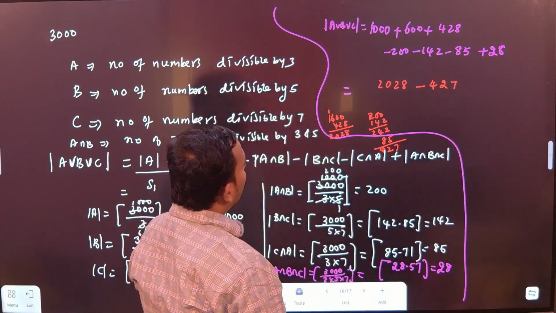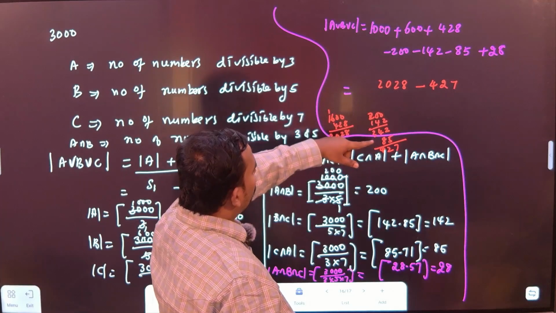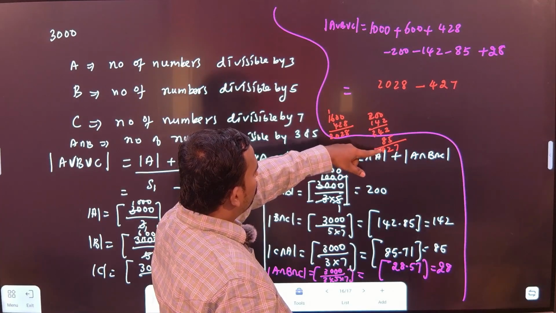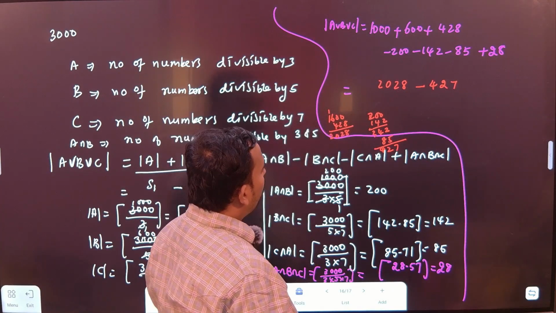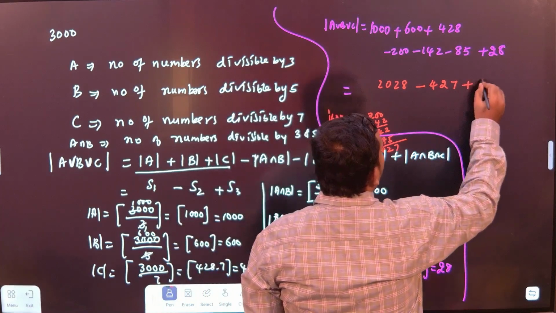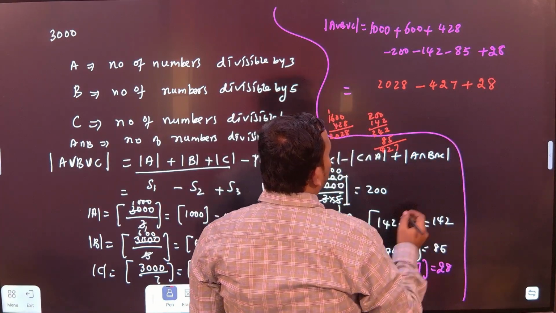Correct? I am doing correct. 427 plus 28, how much will it be?